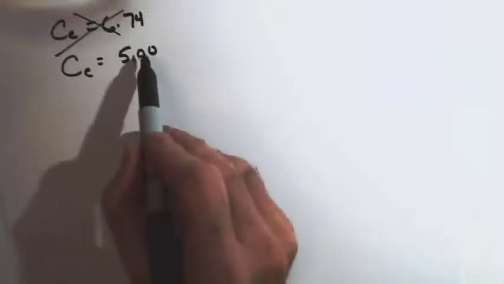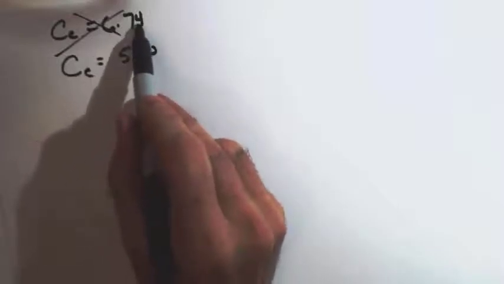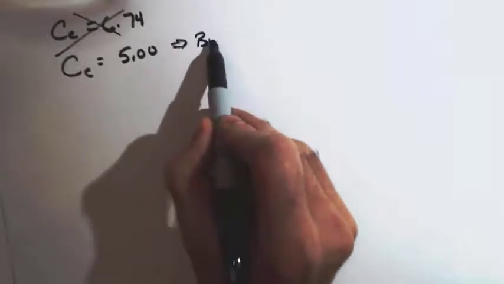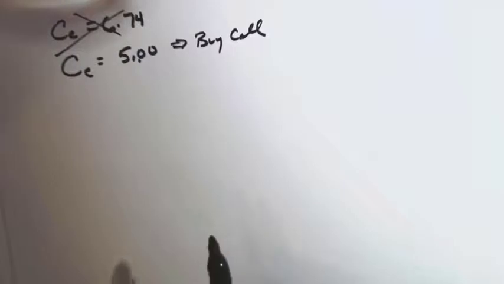When there's a mispricing, somehow, some way, an arb is going to see that and arrange a position to take advantage of it. That's what we want to see here. The call is worth less than what it theoretically should be, and that implies that we want to buy the call because it's cheap.